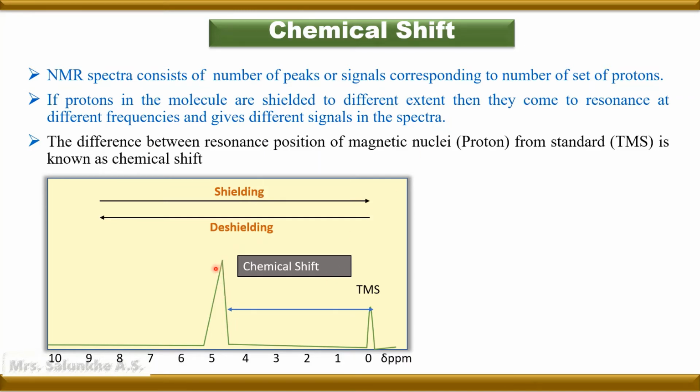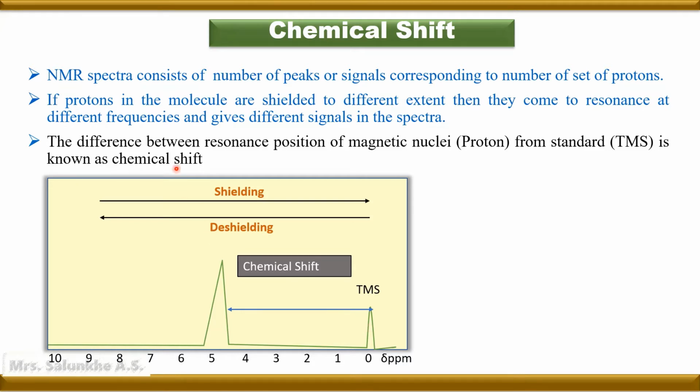Suppose that is the signal obtained from a set of protons, then chemical shift is the difference in peak position from some arbitrarily chosen standard. That difference is known as chemical shift.